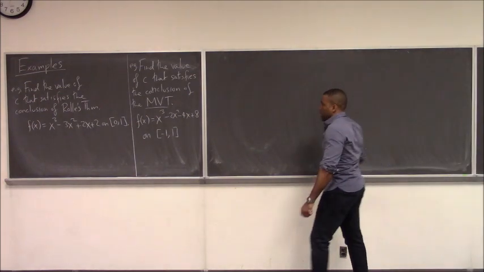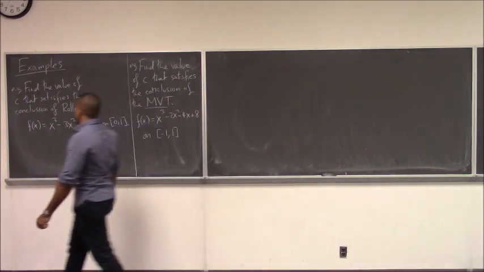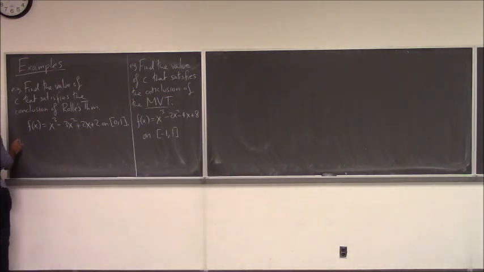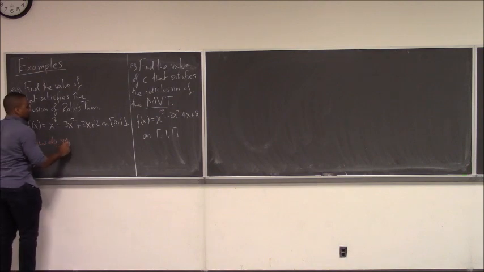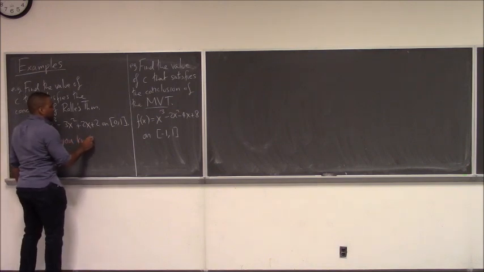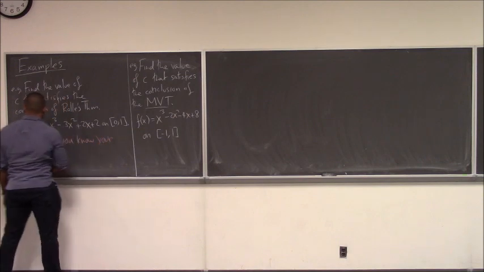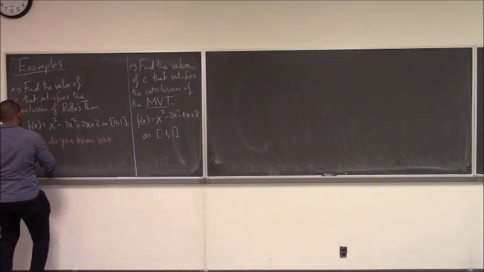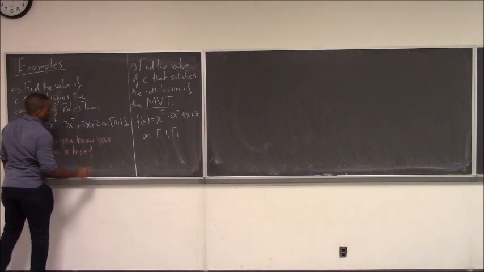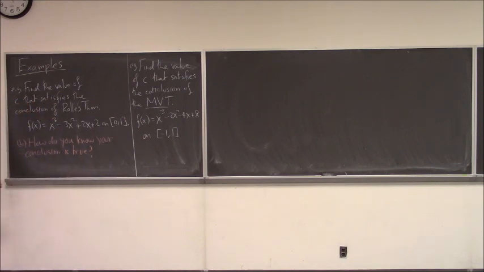And again, I might follow up, especially on a test, with a question like, how do you know? And to answer such a question, all you do is just list off the 3 conditions that this function would fulfill, and then say, therefore, by Rolle's theorem, I know my answer is the right one.